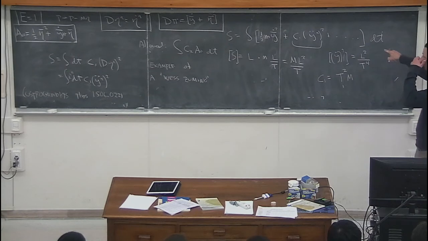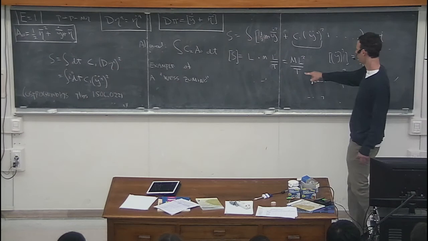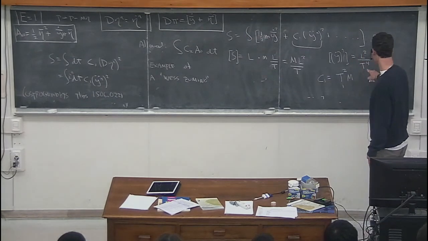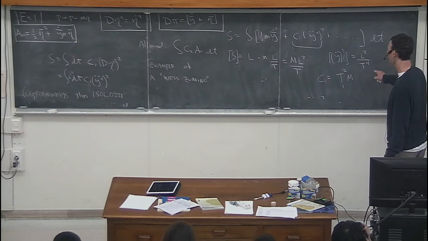I have the dt, and don't forget to count the dt. So that's going to kill one of the times. So I think it should be time to the 4th, and we're trying to get to 1 over time. No, hold on. No, t upstairs, right?